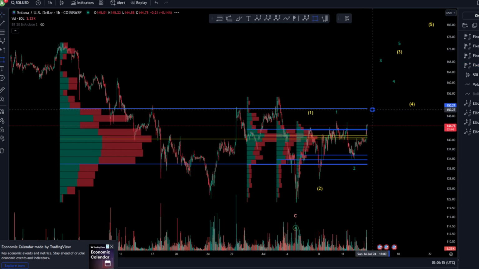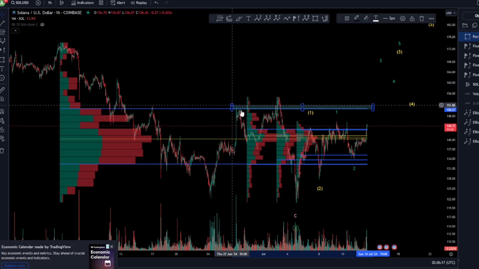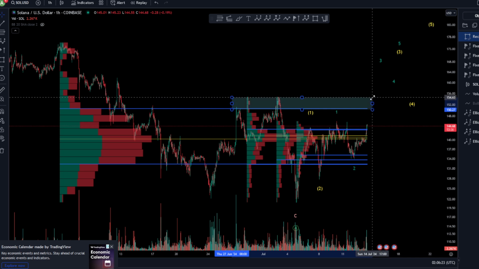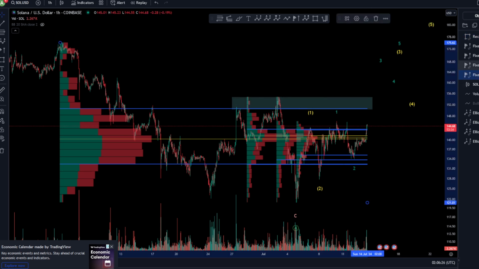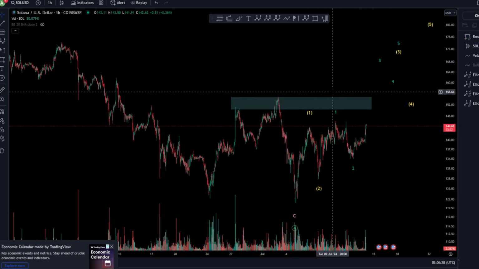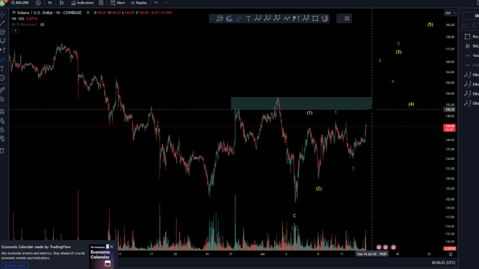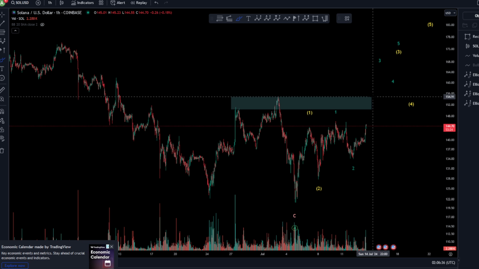Now the next potential resistance could be, of course, the top here that we have. So I might even make this like that, right? So yeah, our next potential target is $150 to $155.